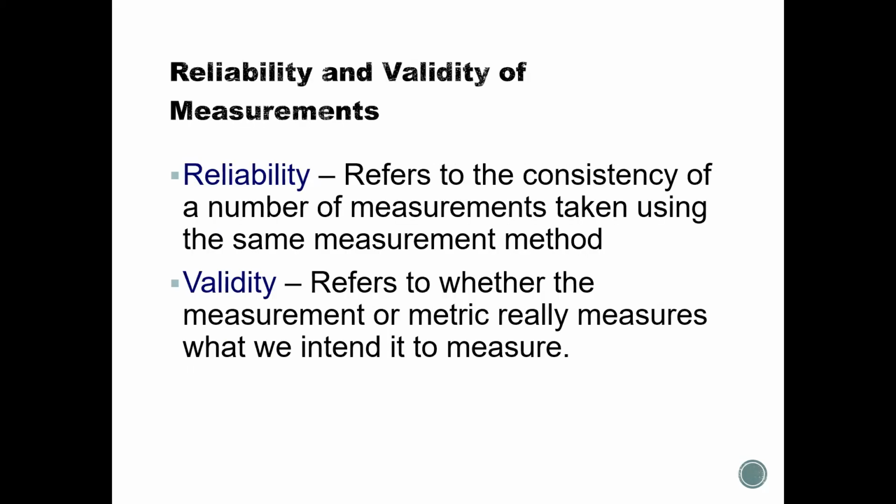And then in measurements, we also have two more notions. The first one is reliability, which tells you the consistency of a number of measurements that have been done using the same measurement method. And then we have the notion of validity, which tells you whether the measurement or metric that you have done really gives you what you want.